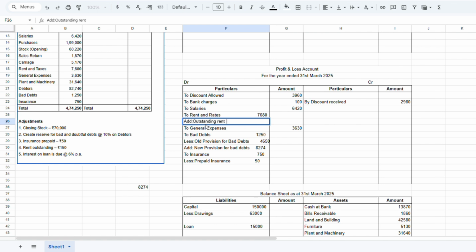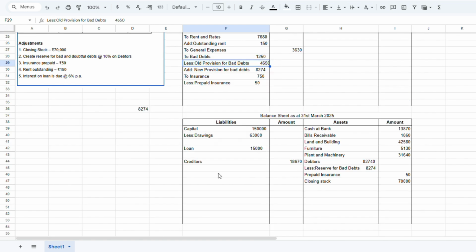And the other entry is outstanding rent 150.